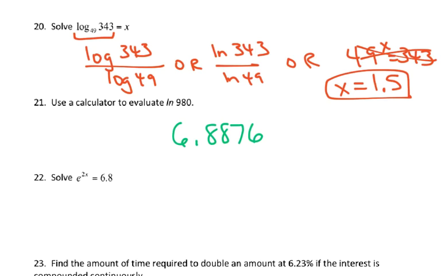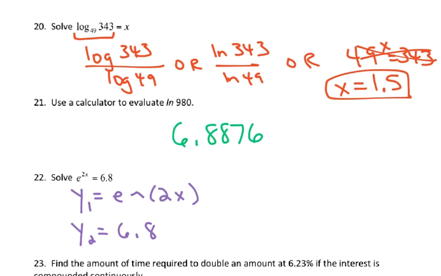22, solve e to the 2x is equal to 6.8. Now, I gave you a couple different ways of doing this. One way of solving this, if you can't remember how to solve an equation algebraically, is you can put e to the 2x in y1 equals. You could put 6.8 in y2 equals, and find the x-coordinate of the point of intersection of those two graphs.